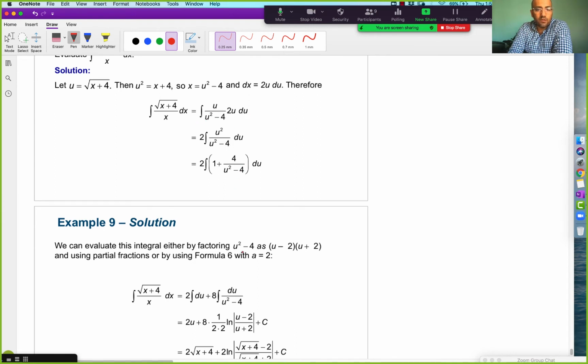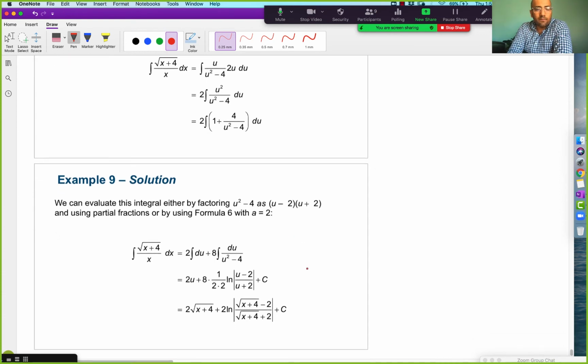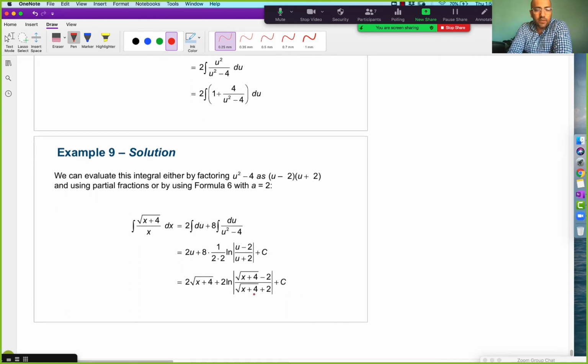We can evaluate it either by factoring it or using partial fractions, or by using formula 6. In yesterday's video, as we were solving one of these problems, we ran into a little formula, so it becomes a useful formula we can apply whenever we see something that fits this form. And so we get this, and yeah, I think it's the same. Any questions?